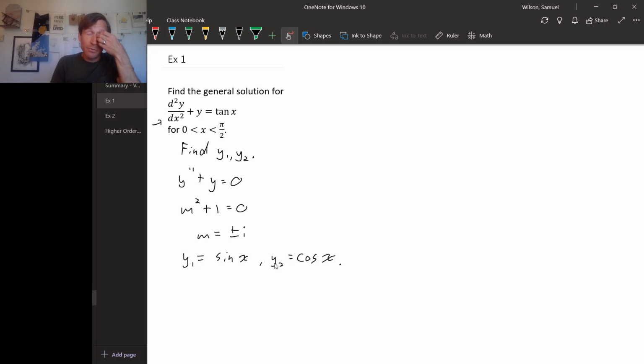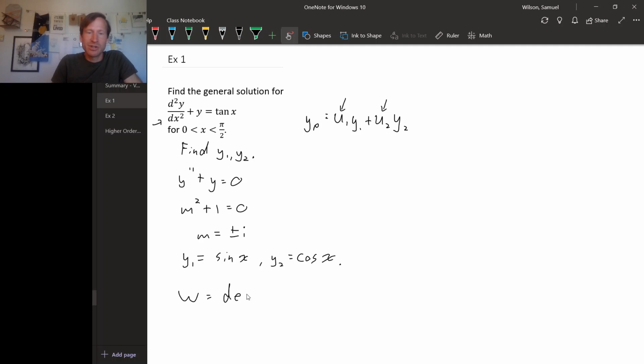Okay, now that we have a fundamental set of solutions, we can use our formulas to find u1 and u2. Remember, in variation of parameters, our particular solution is going to take the form u1 y1 plus u2 y2. And we have formulas for these functions u1 and u2, but that formula involves the Wronskian, so we're going to have to calculate the Wronskian of these y1 and y2.